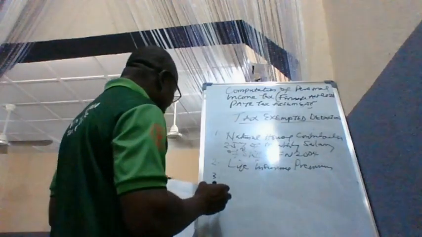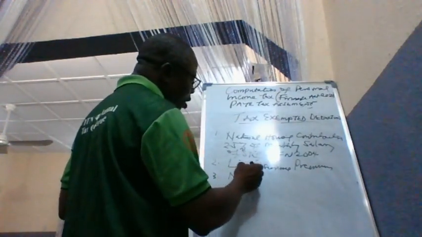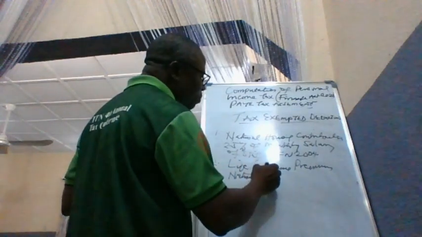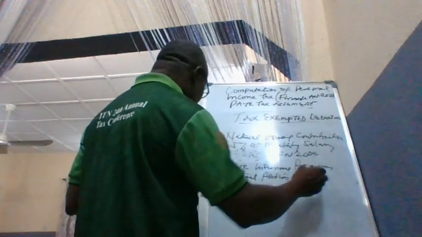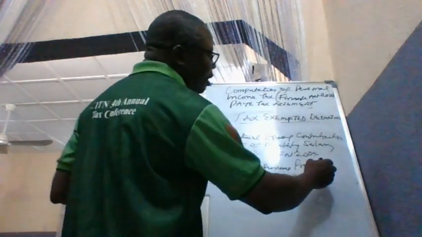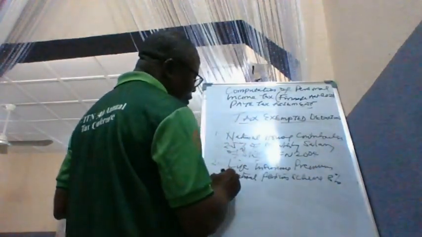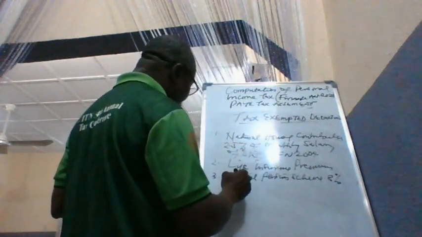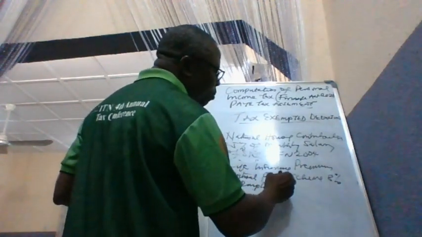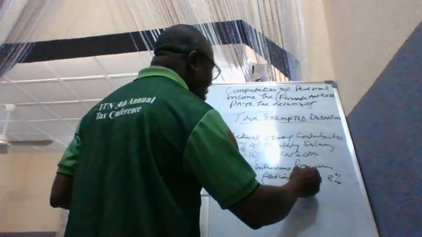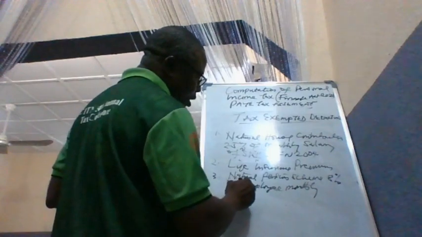Number three is the national pension scheme, and this is deducted on 8% of the employee's monthly emoluments.